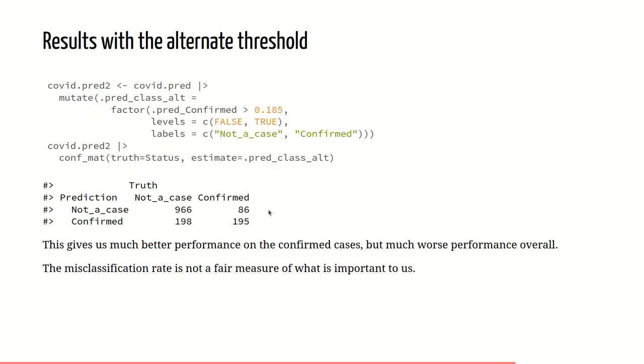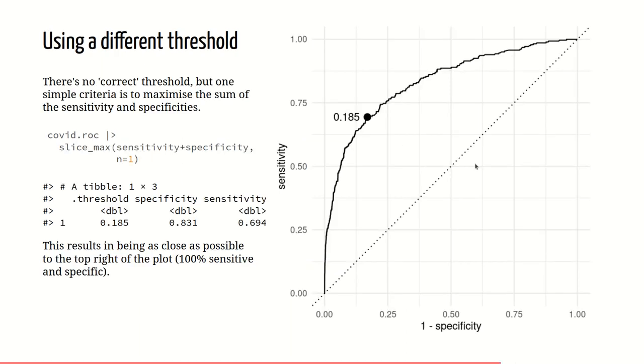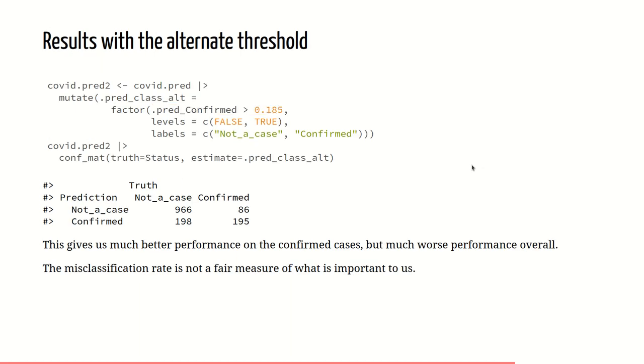Okay, and when we do that, we get a better picture in terms of our cases. Okay, so we're going to do our prediction based on whether the probability of the confirmed case is more than 0.185, which is the threshold that we defined down here, instead of 0.5, and then we can see that we get more of the confirmed cases correct.